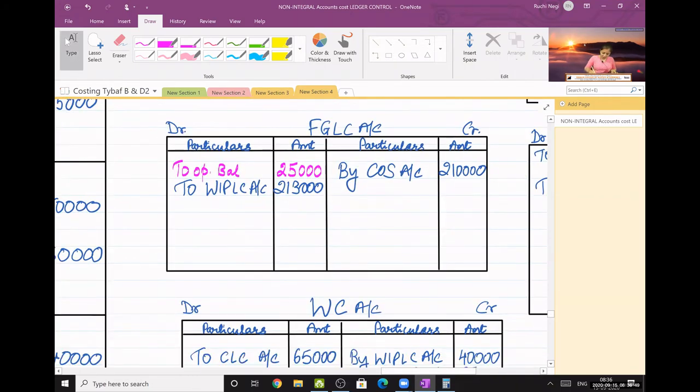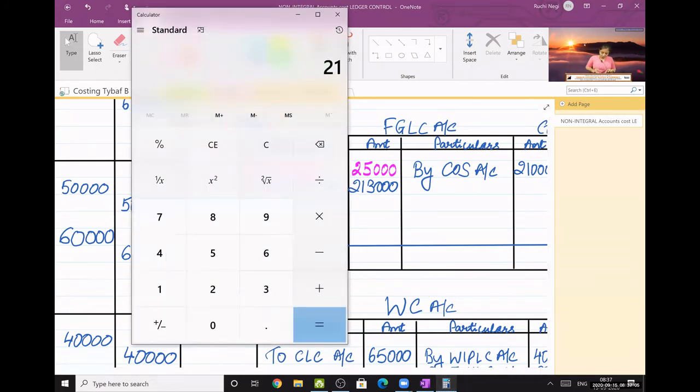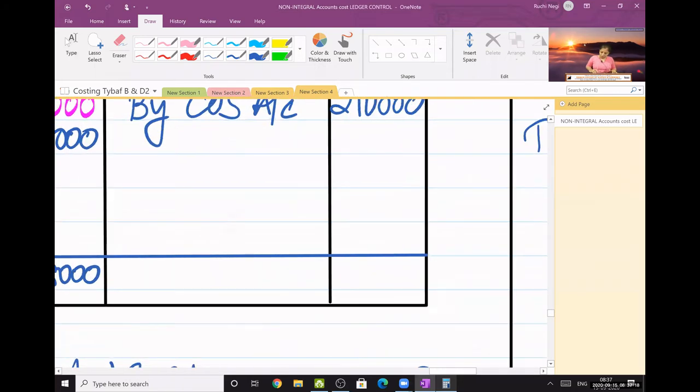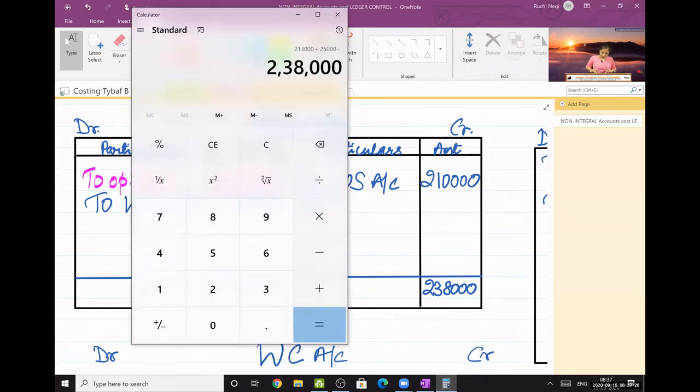close FG, finished goods ledger control. Let me see the balance. Yeah. 2,13,000 plus 25,000, 2,38,000. Okay, so write it here. 2,38,000. Subtract the credit side, minus 2,10,000.